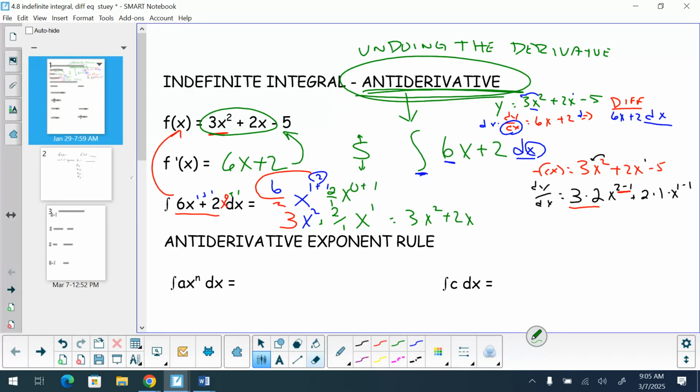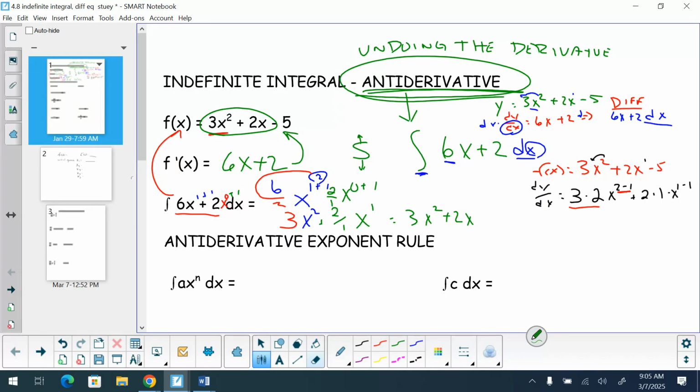Now the problem we run into when dealing with antiderivatives, using antiderivatives to go back and undo a derivative, is that we are not going to just make the constant reappear.